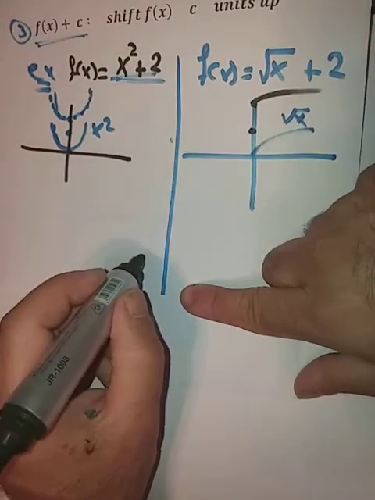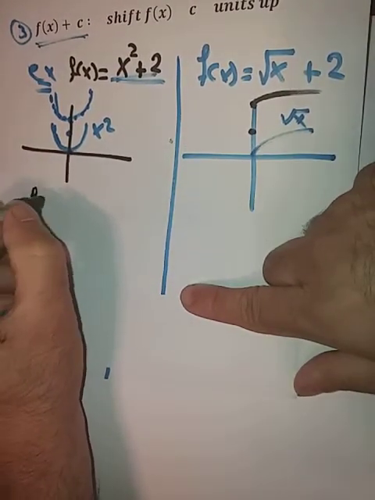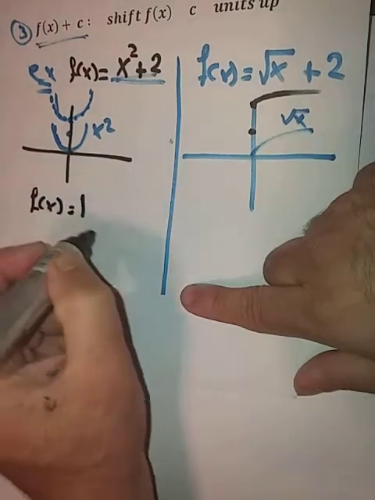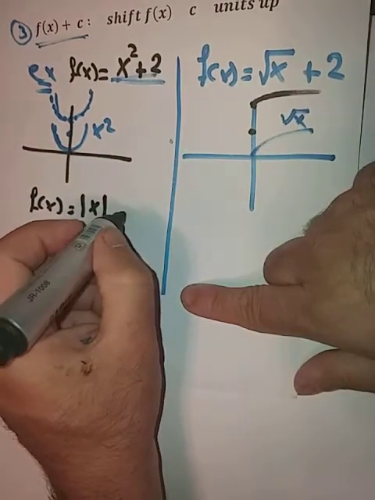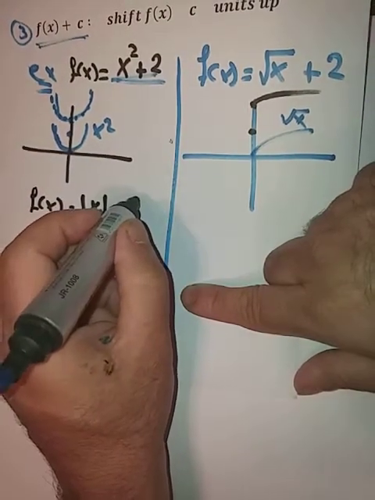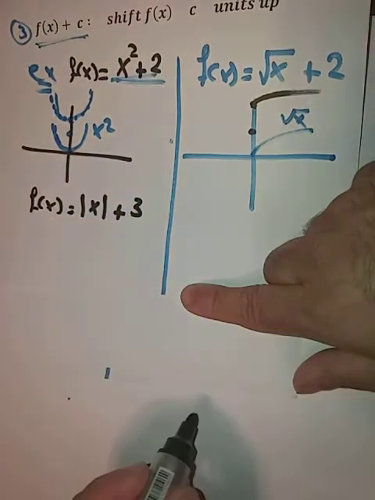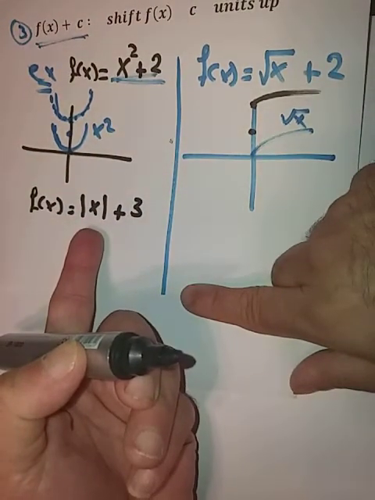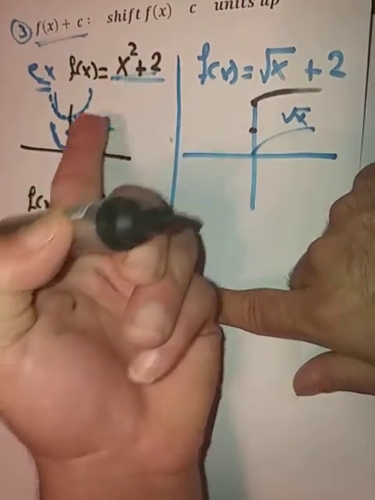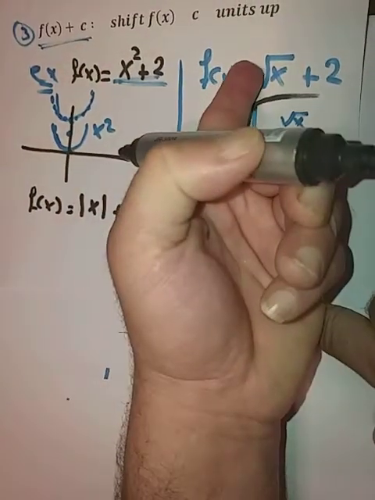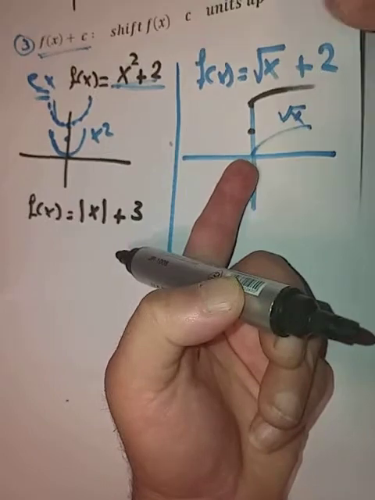Another example, graph absolute x plus 3. Now we have x squared is parabola. Radical is one eyebrow.